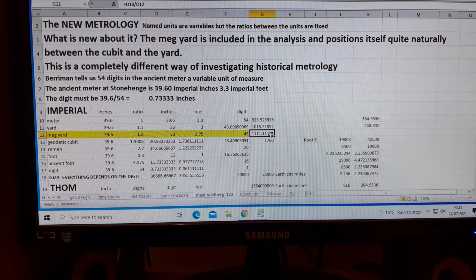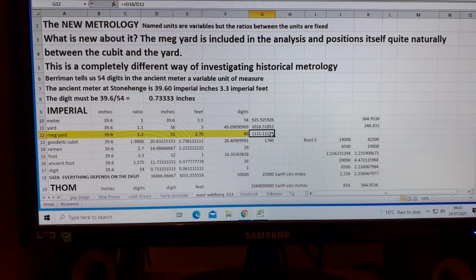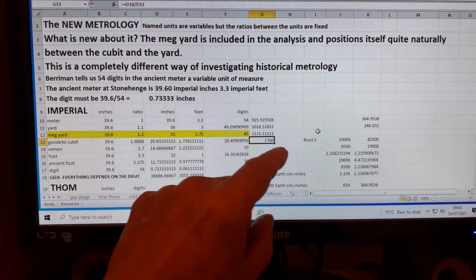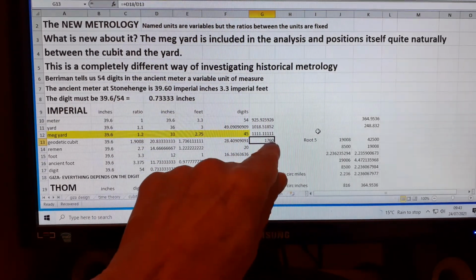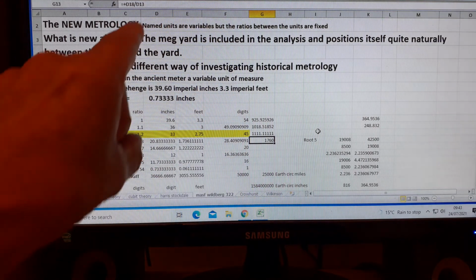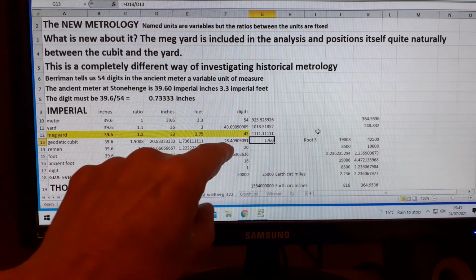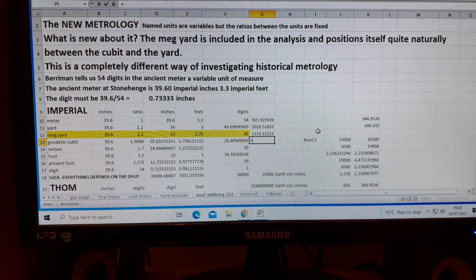But we can calculate it using digits because there are 50,000 and there should be 50,000 divided by 45, and that should be the same as that. Another question answered. We can do the same for the cubit. So 50,000, we've got D18 divided by D13, but 50,000 divided by that should be the same.